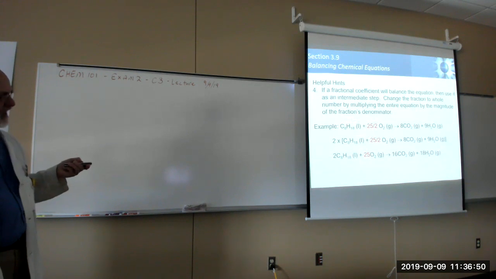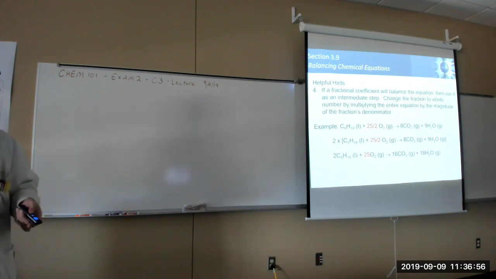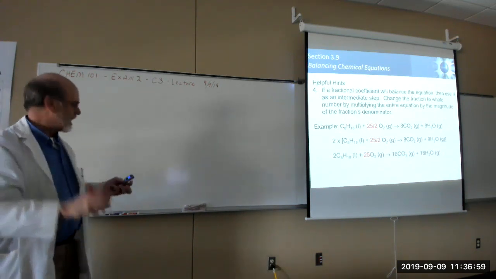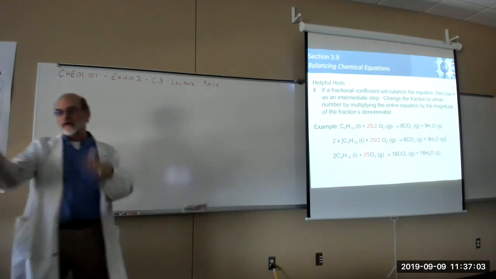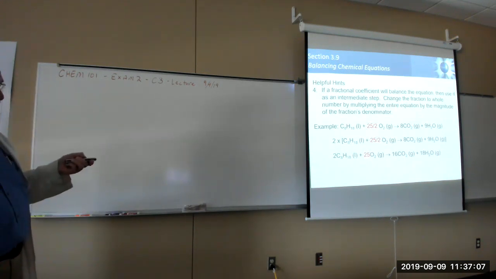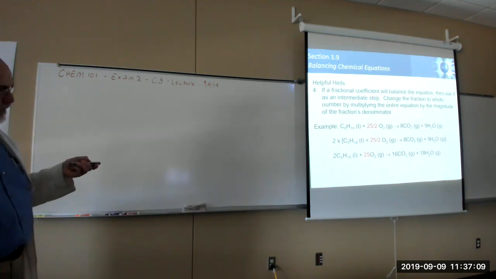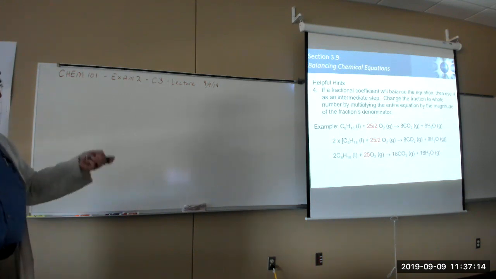In order to reach the end, I found it convenient to use a fraction here. But once you've got the fraction in there and your budget is balanced on both sides, then you get rid of the fraction. So if it's a half, you just multiply the whole thing through by 2 and you get rid of that fraction. That's what I've done in this example.